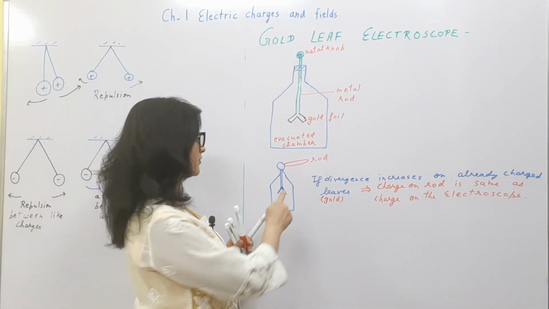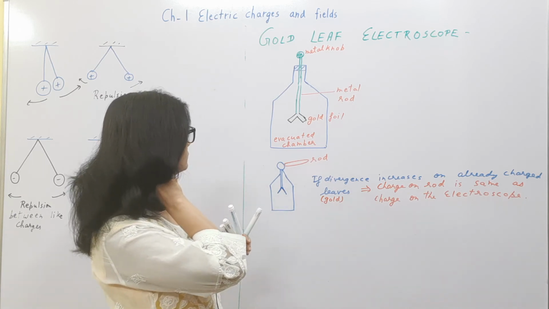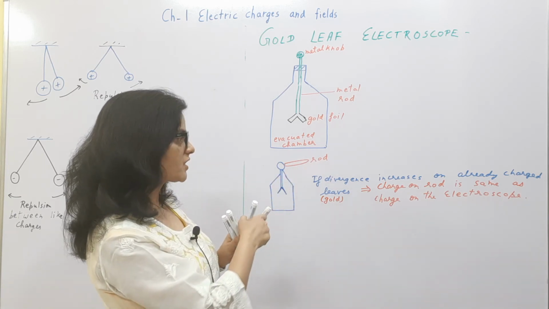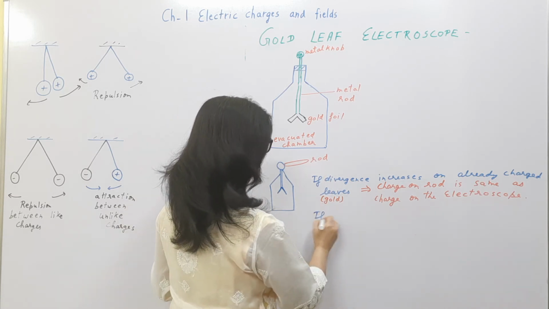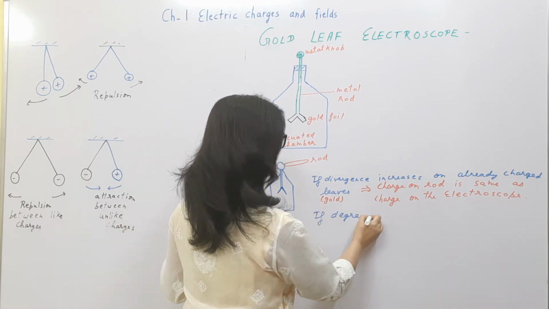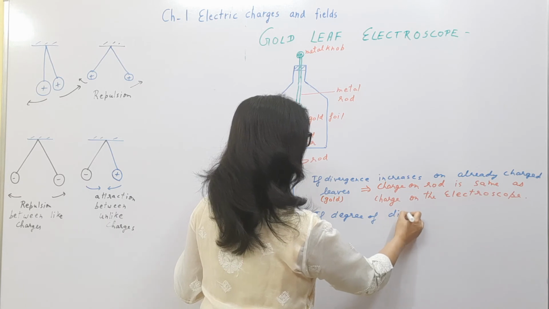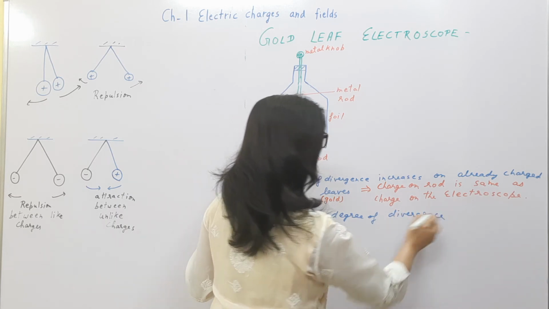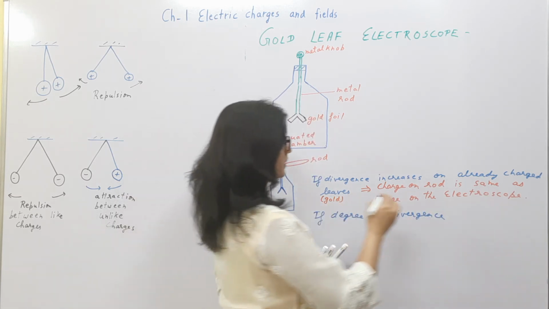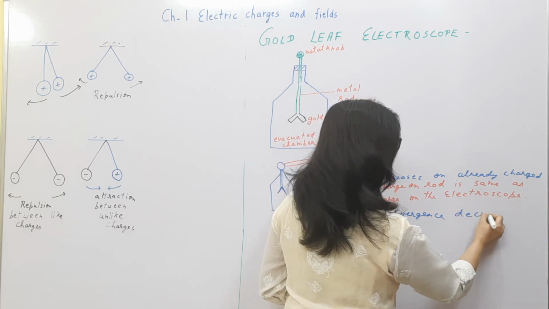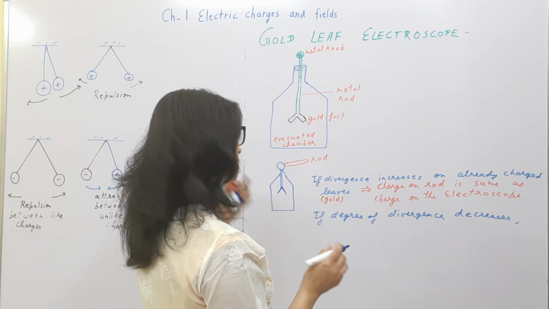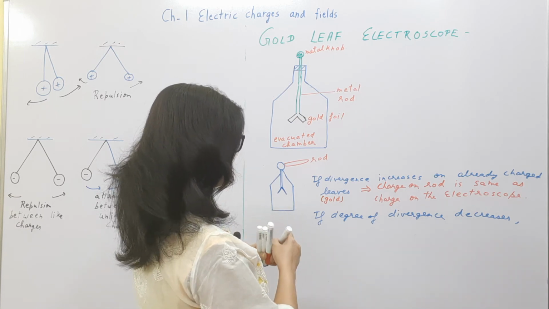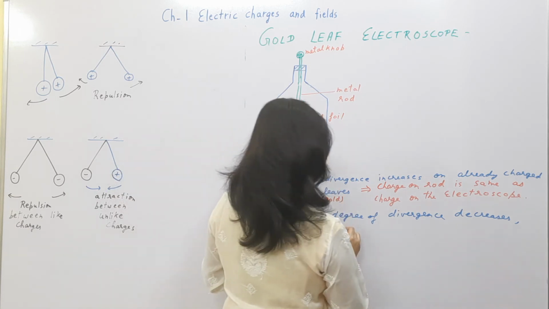And if the degree of divergence decreases, that means the charge is opposite.